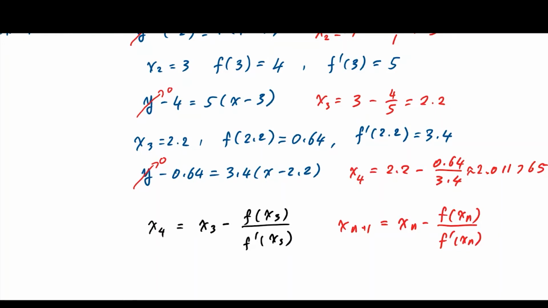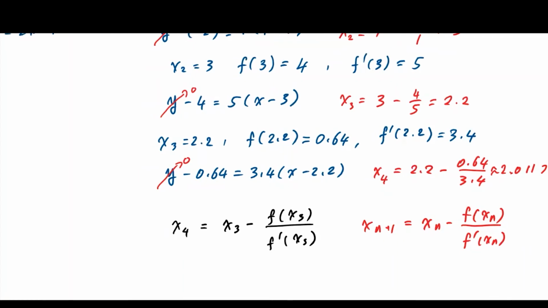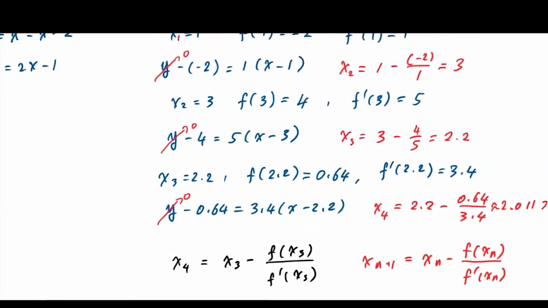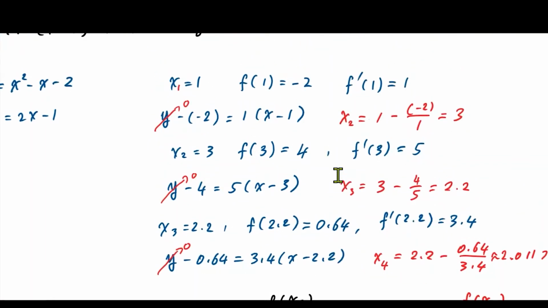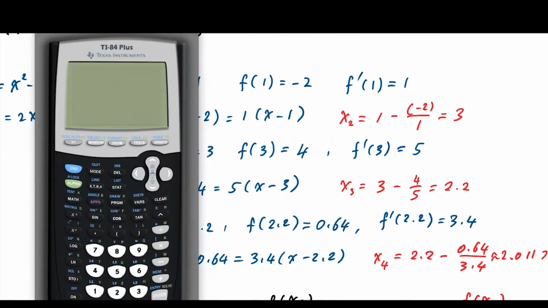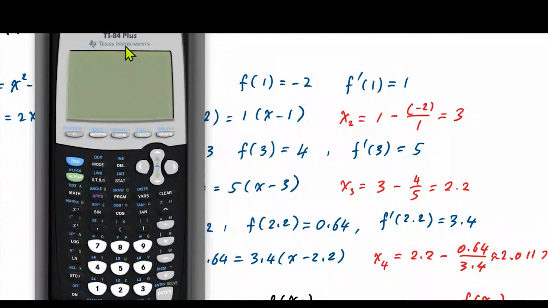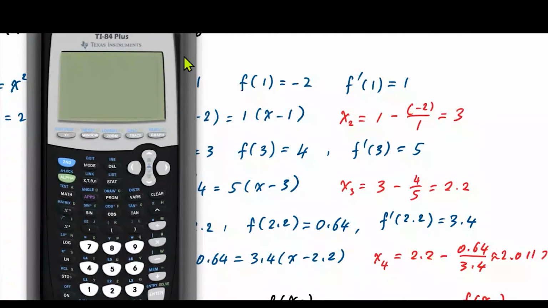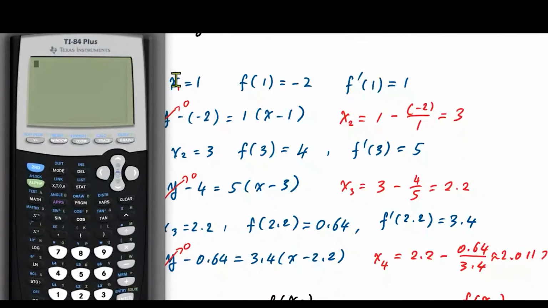You with me? Okay, take out your calculator and we are going to do this. Okay, we need a starting point. So my first guess was 1, right? So 1, we have to store that.